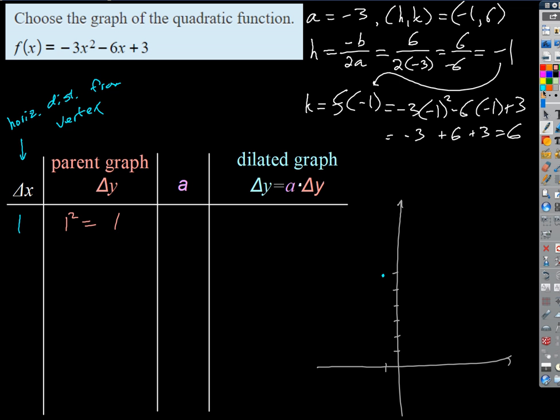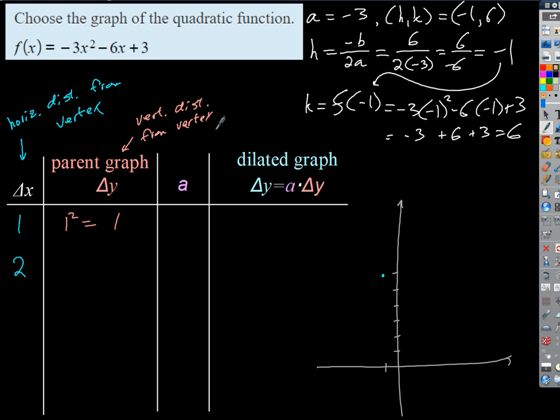What if we go 2 to the right? On our parent graph, where would we go? But what's our delta y? This just stands for vertical distance from the vertex.